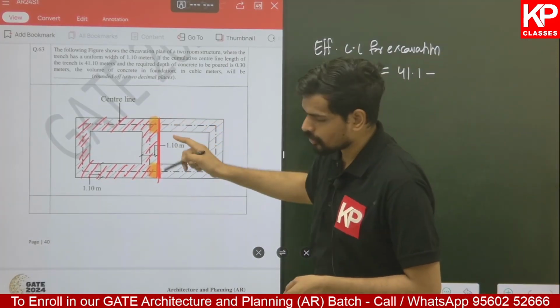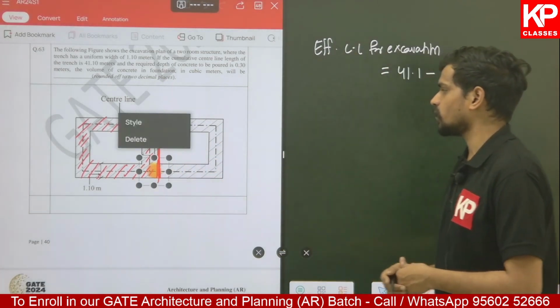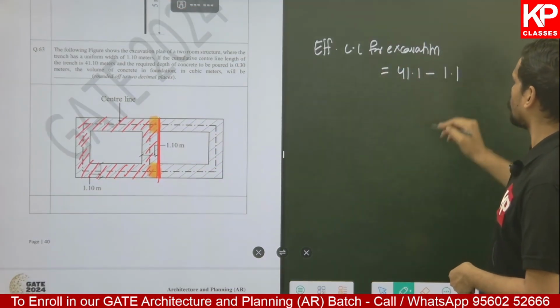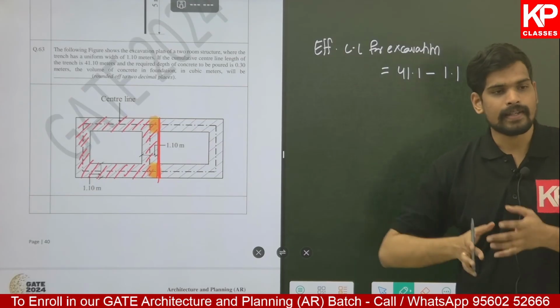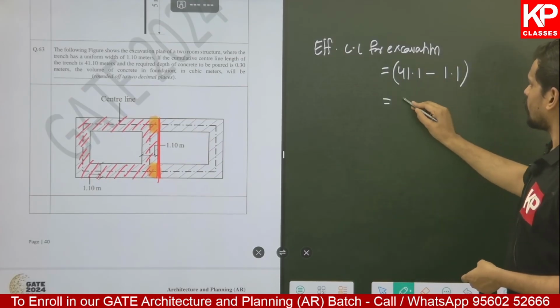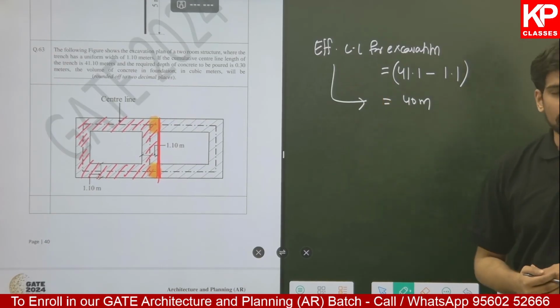The deduction, I told you, is half of the thickness over here, half of the thickness over here. Two times you need to deduct. So total you will need to deduct 1.1. Half of 1.1 once, half of 1.1 again. That will give you 40 meters of center line length for the overall excavation.